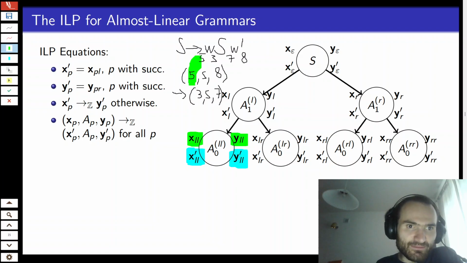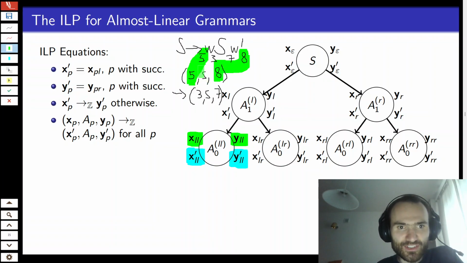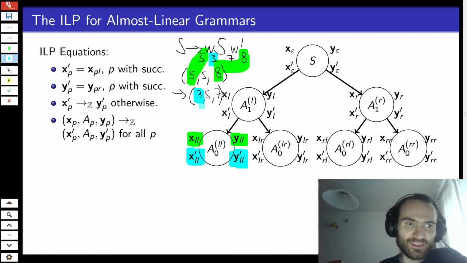So we put the original input as the first element of the first triple, we put the original output as the last element of the last triple, and in the middle we put the non-terminal. In the same way, the output after applying W, the input after applying W, we write as the new input, and the output after reading W prime backwards, we write as the new output.